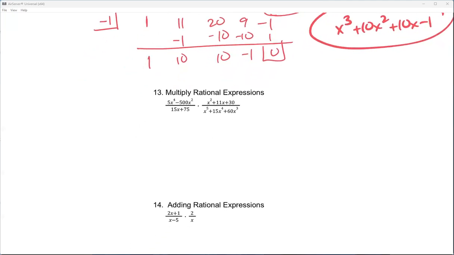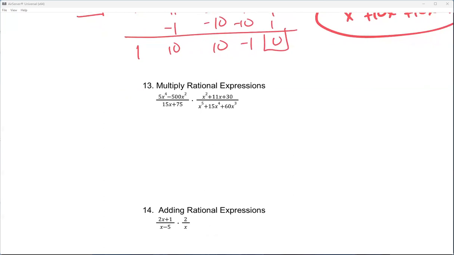Number 13 is you factor out each portion right here, so 5x squared, and what's left inside is x squared minus 100 over, this is 15, so then x plus 6. Remember, this is a 16 here.